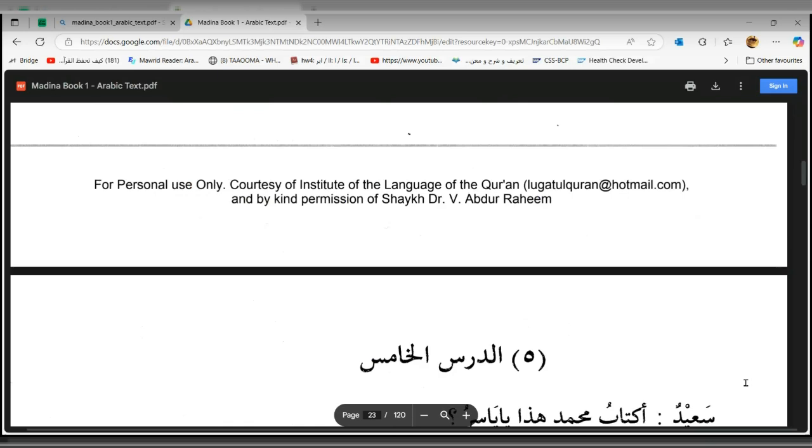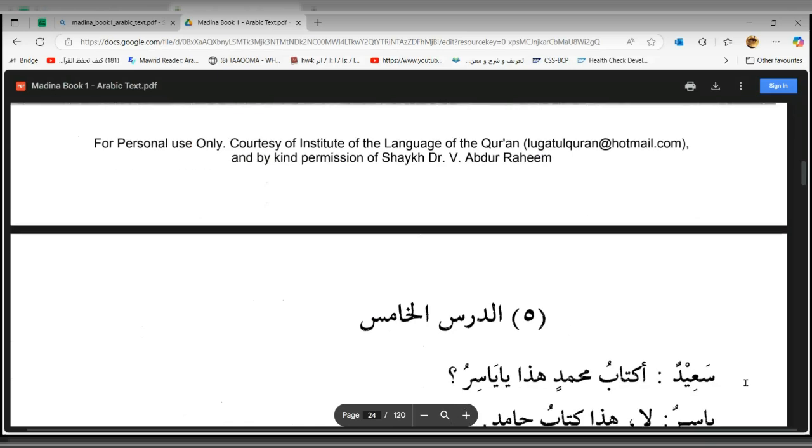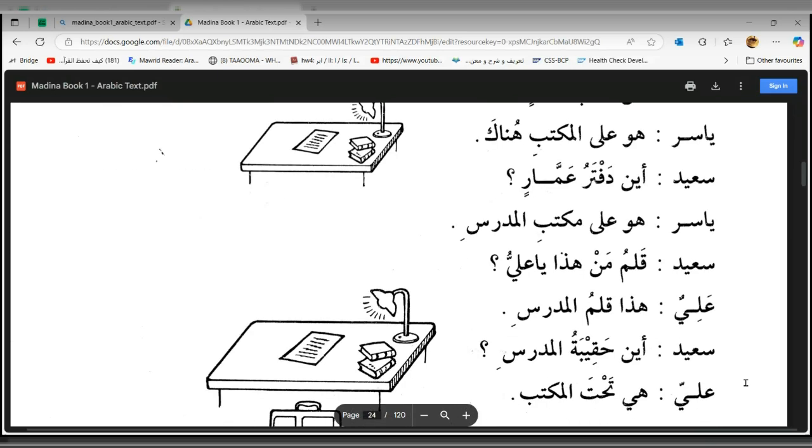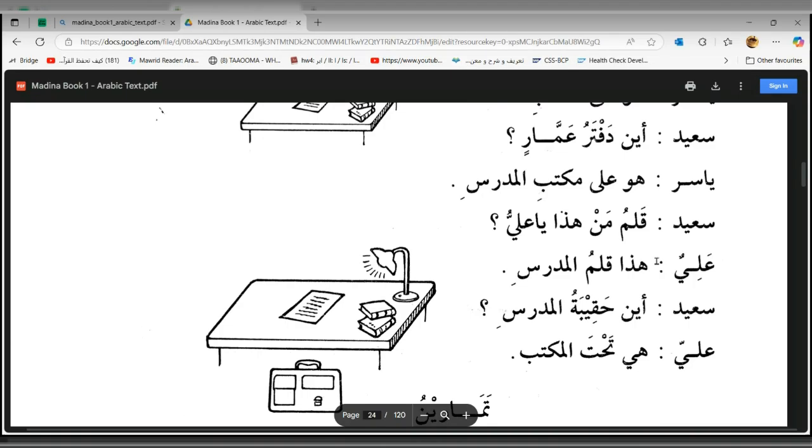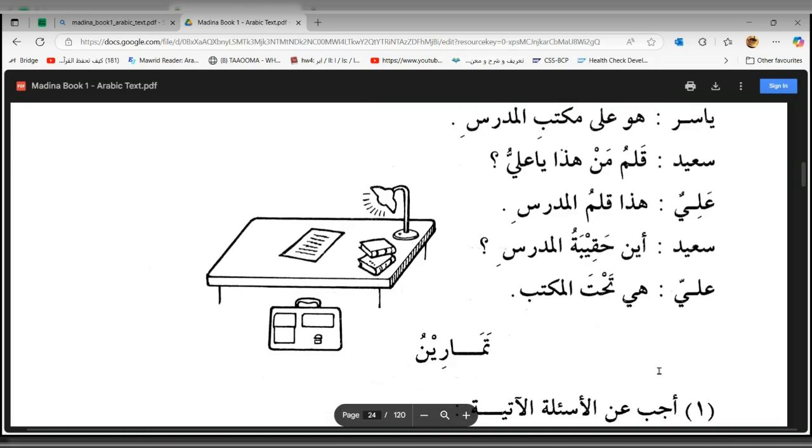Okay. So let's go back to this lesson. Here, tahta al-maktab, it is under the desk. Notice that the ta marbuta here is used because haqiba is a feminine noun.